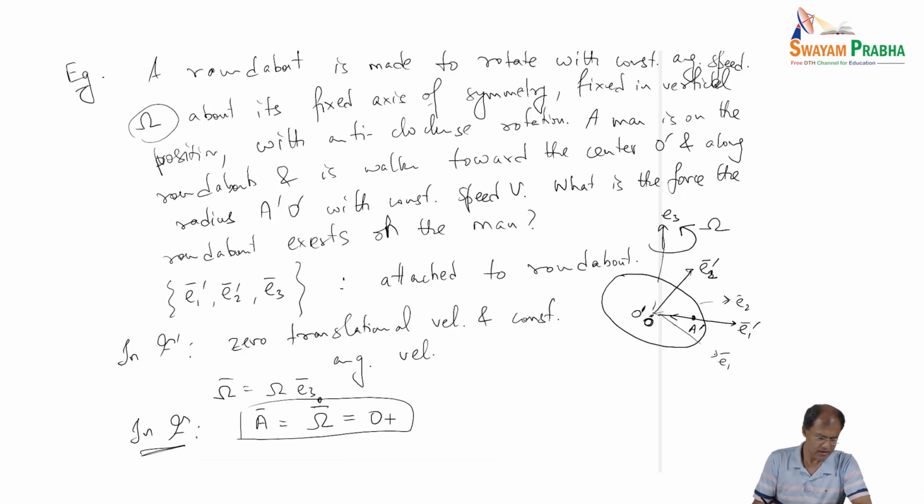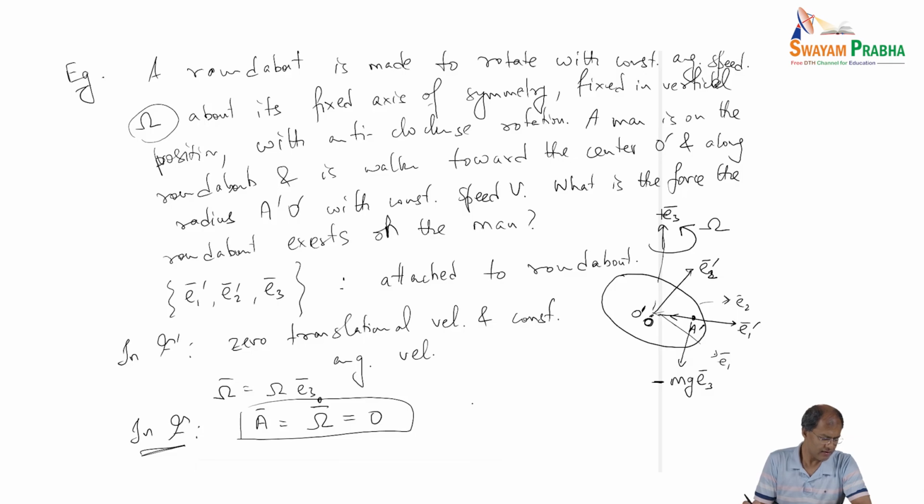So what are the different forces which are acting on the man? So one is of course the weight of the man, let us say mg E3 with a minus sign.